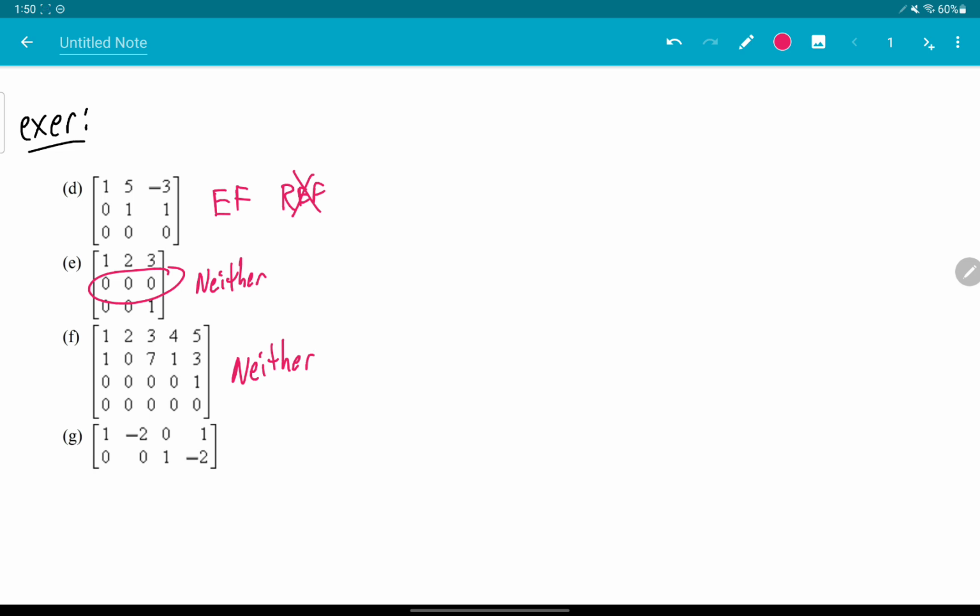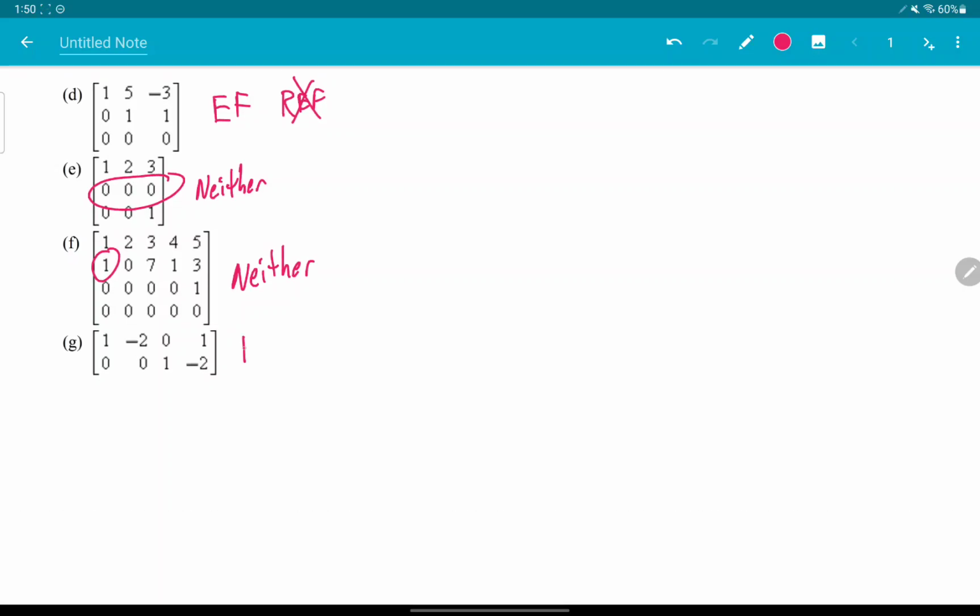Part F is neither as well because if I circle leading entries, I can see that this leading entry is not strictly to the right of this leading entry. So my issue is happening right here. So it's neither.